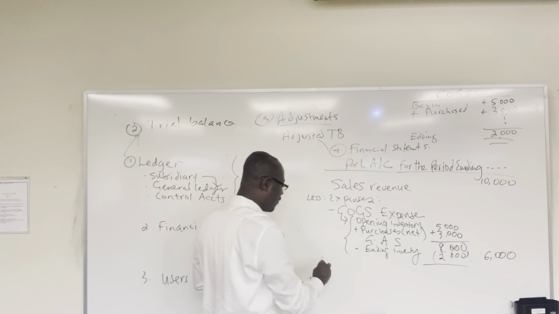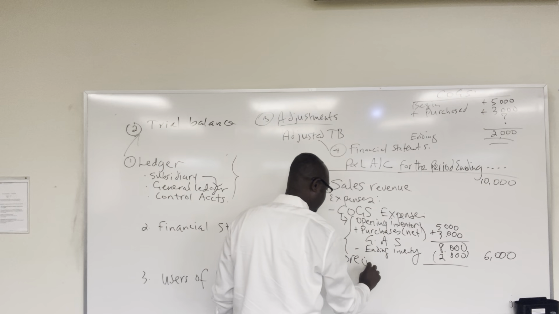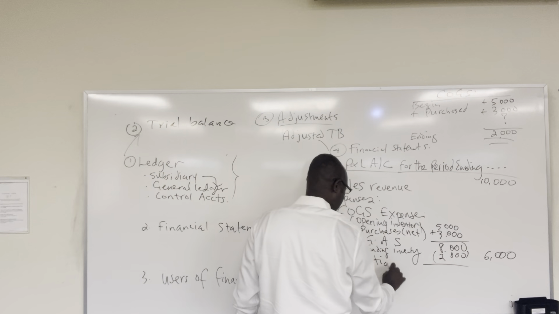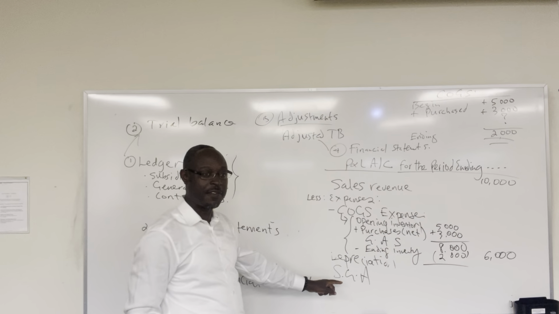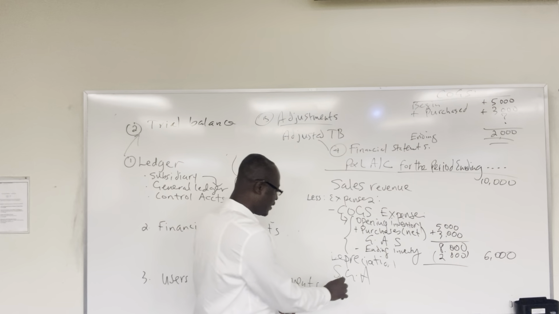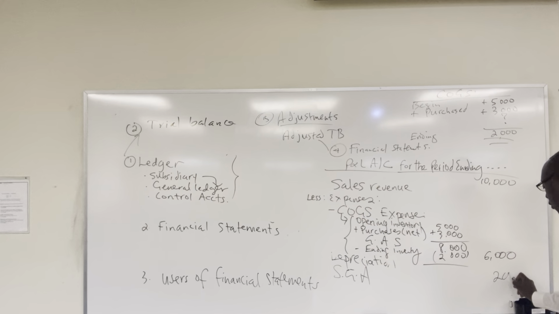And then you have other expenses like depreciation expense. And then you have SG&A, selling, general and administrative expenses. So let's say your depreciation is 200 and then your selling, general and administrative expenses is, let's say, 2,300, okay?